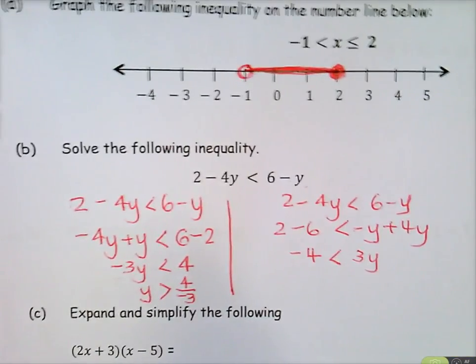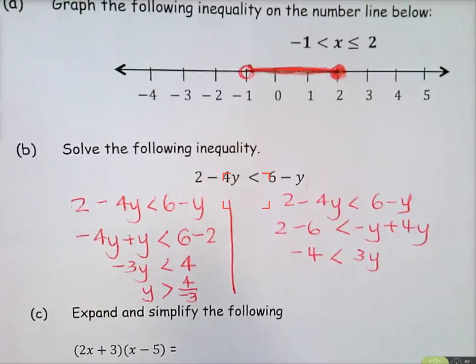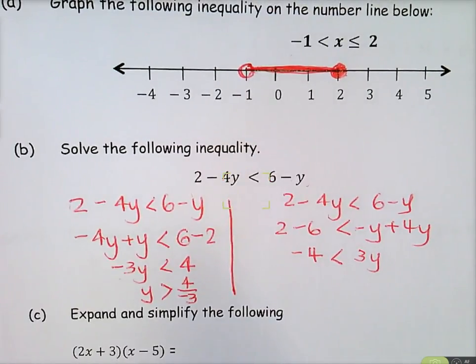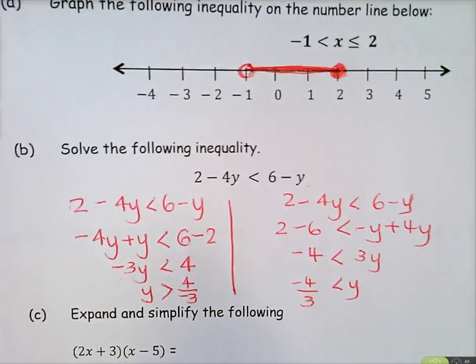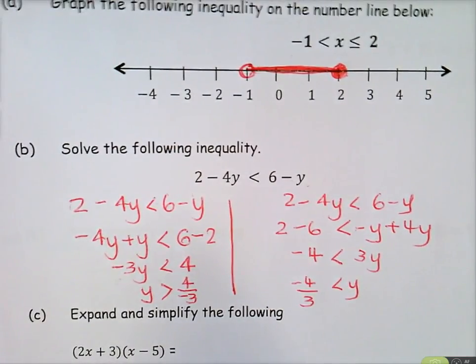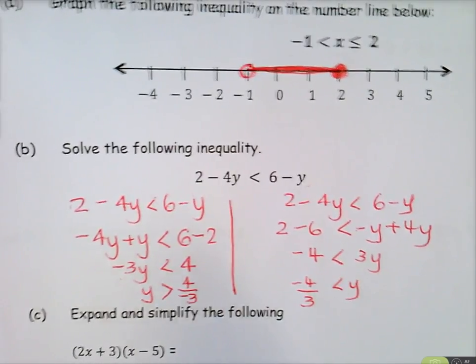Now, I need to divide by 3, not -3, I'm dividing by 3 now. So the inequality sign does not change because I'm dividing by 3. The only time it changes is if you're multiplying or dividing by a negative.